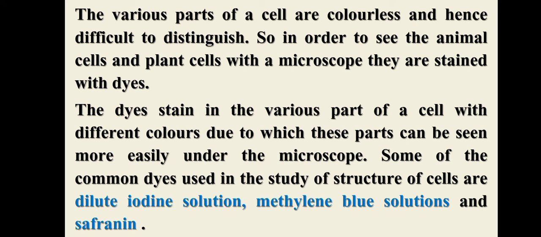Staining of plant and animal specimens is done to identify the different components of a cell easily through the microscope. Some of the common dyes or stains used in the study of structure of cells are dilute iodine solution, methylene blue solution, safranin, etc.